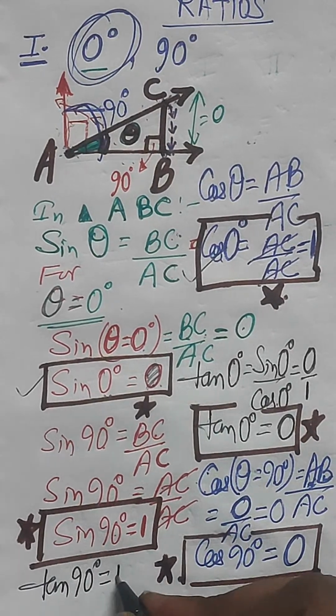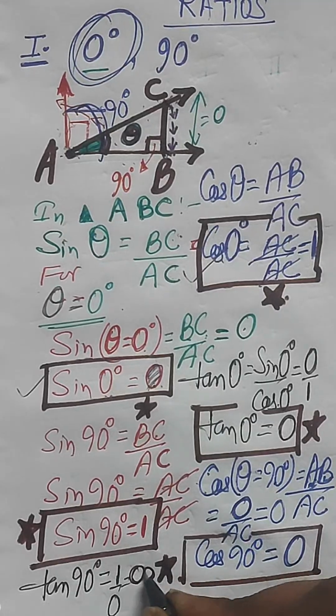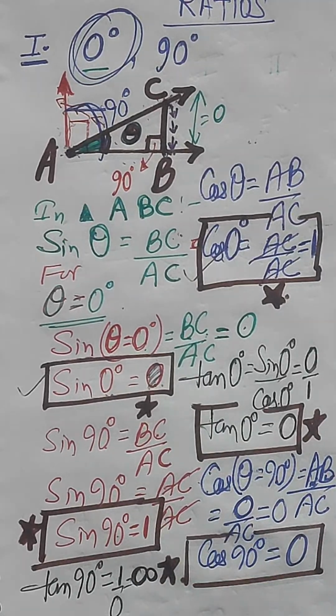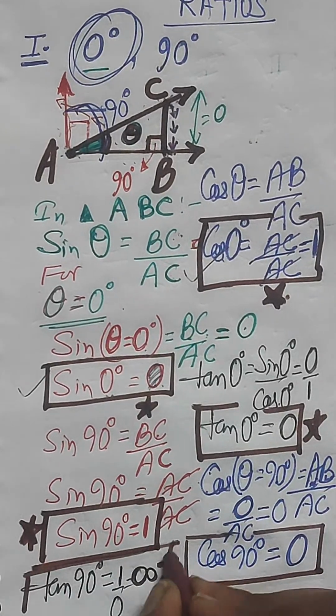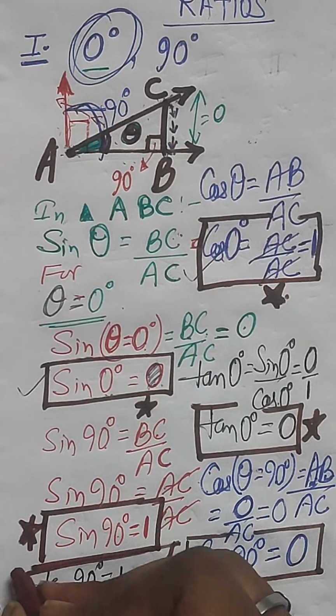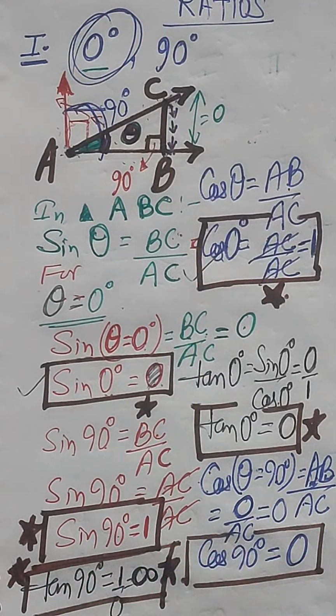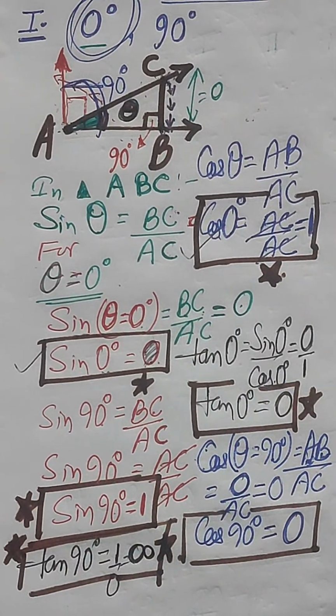So 1 by 0, which is equal to infinity, undefined. So in this way we have calculated tan 90 degree as well. Hope you are able to understand how these values are coming.